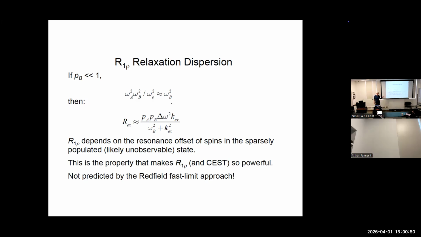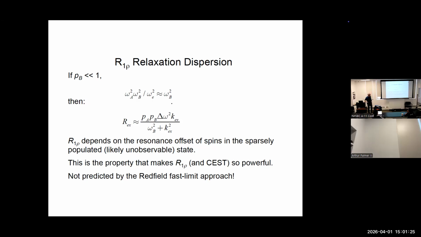Thinking of the R1 rho experiment as the saturation transfer experiment lets you understand why you're sensitive to the B state and not the average shift in the R1 rho experiment. So it's the same experiment, but there's two different ways of looking at it. And one way, the saturation transfer view, is kind of more natural if you're just programming a big matrix and having a computer solve.